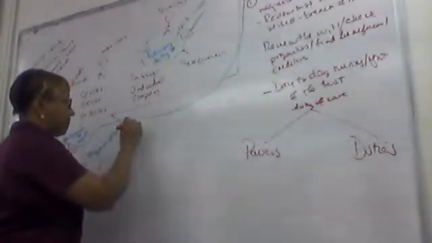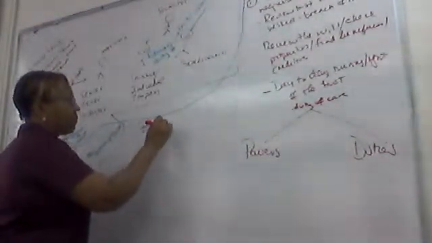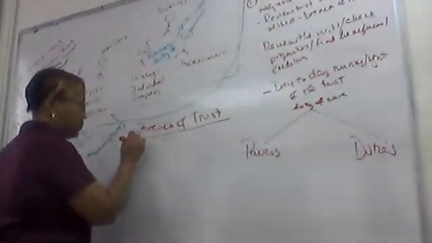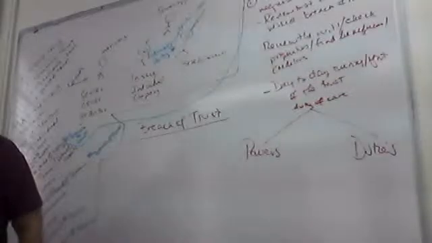So what is a breach of trust? The trustee does something that harms the beneficiary or is not in the best interest. It's just my own little thing. Your own little thing? Anybody else? What's a breach? When he misuses the trust for his own benefit.